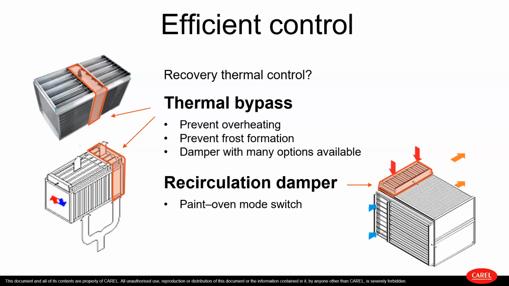You don't need fresh air, you don't need to recover, but you need the system to recirculate the air. You probably know really well the recirculation damper that is already installed inside your system, but it's really common as well to use the recirculation damper directly on the heat exchanger. So you can save space and control the recirculation process.